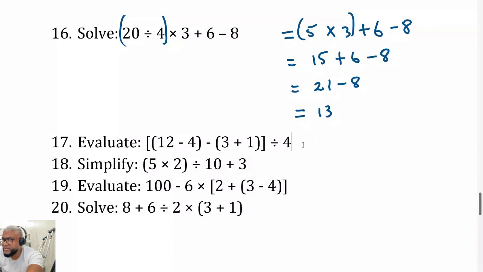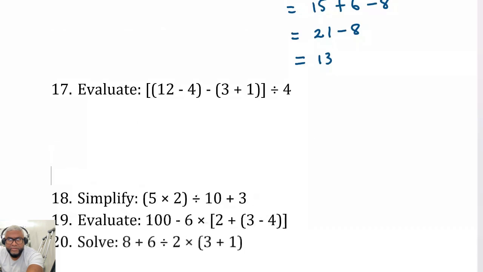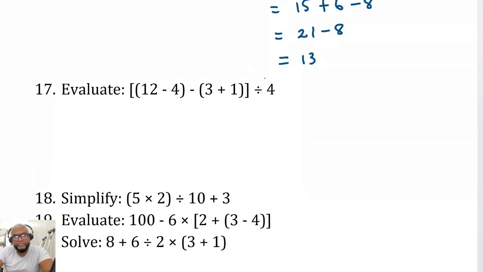We're going to the next one here. Ramo, you doing the next one? What are we doing here first, Ramo? So first, you will do 12 take away 4 in the bracket. Right, so I put back the square bracket, right, Ramo? 12 minus 4 is what?